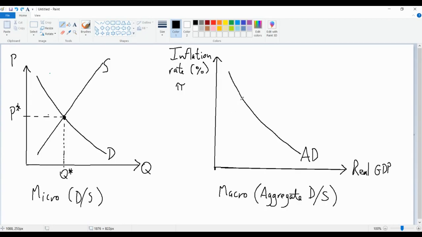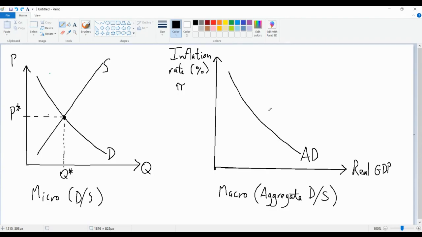Then, hopefully by the end of today, we'll have established that aggregate demand slopes down like this. Then when we're done with that, we'll have to think about aggregate supply. Things there will be a little different, but we'll get to that on Wednesday, if not the following week.